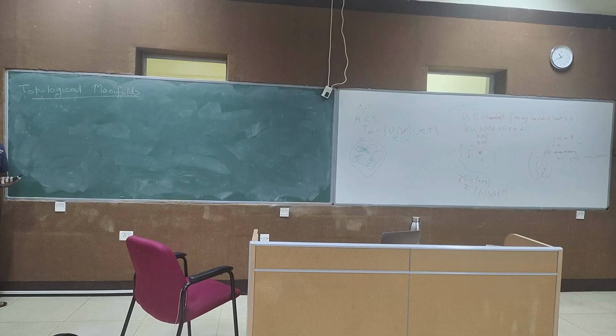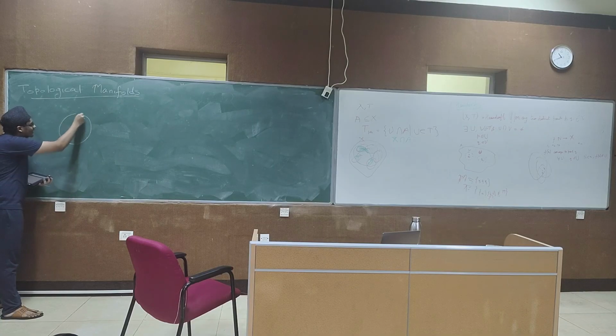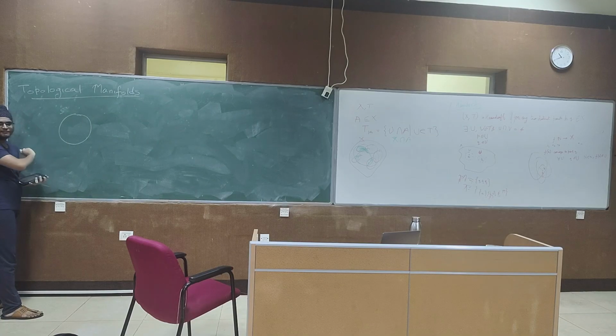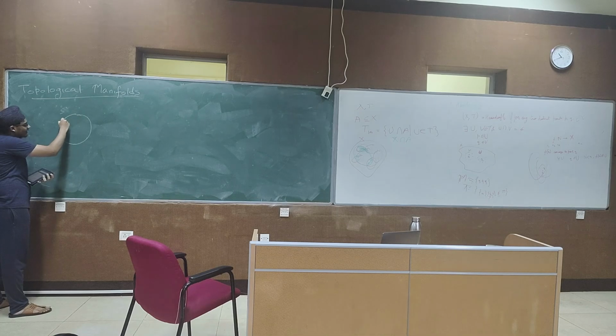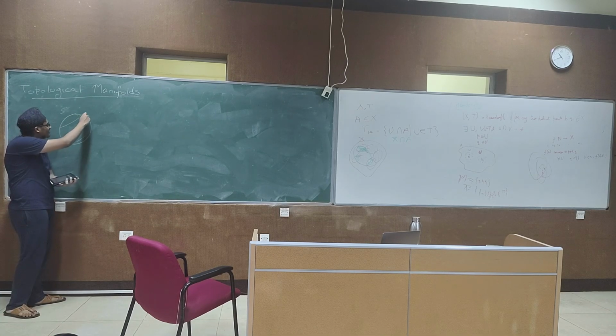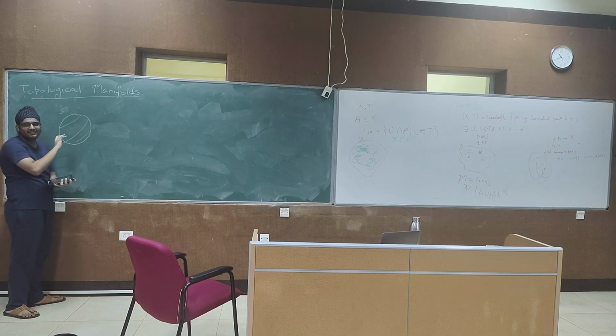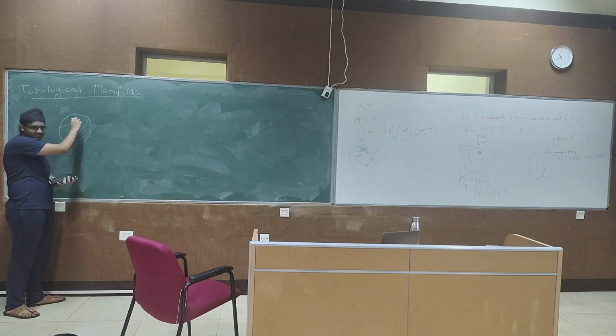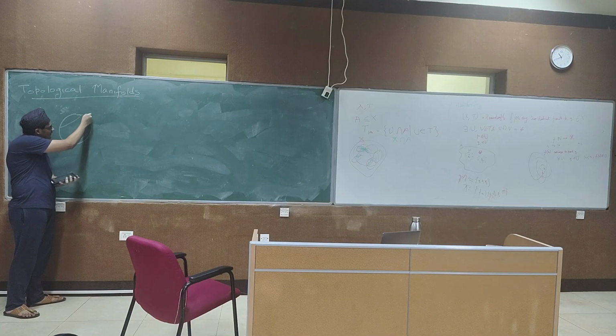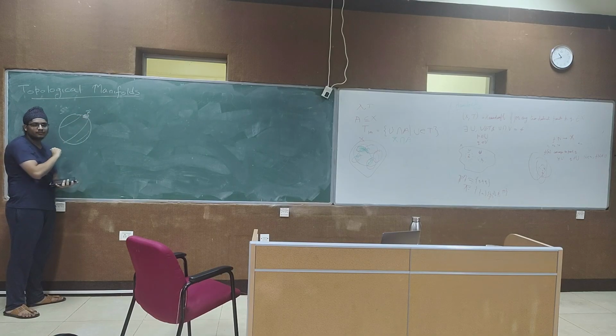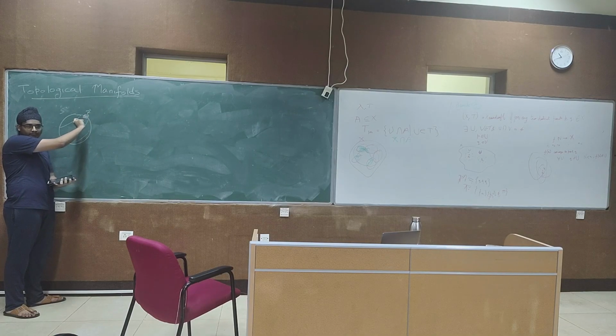So, consider the surface of a sphere S2. I will just color it for some intuition. I won't go to very much rigor here, but at any point you could attach a grid here, so it locally looks like R2.